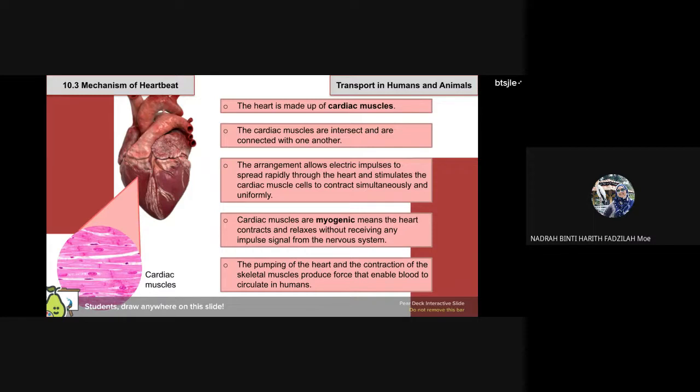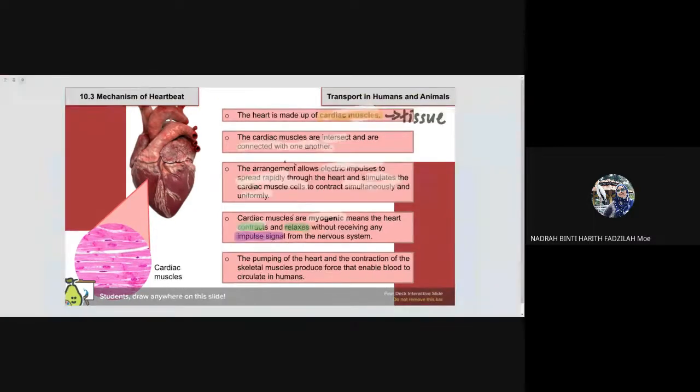So dalam slide ni, bila kita cakap pasal cardiac muscles, okay, whenever we talk about structure, kita punya discussion will always be what is the name of the structure, what are the characteristic of the structure, and how does the characteristic helps the structure to function efficiently to facilitate whatever process they are involved in.